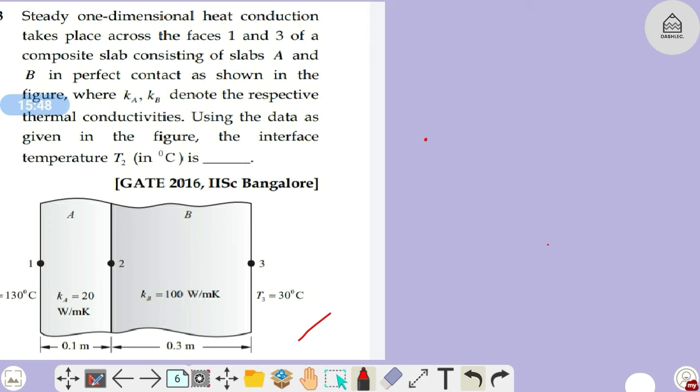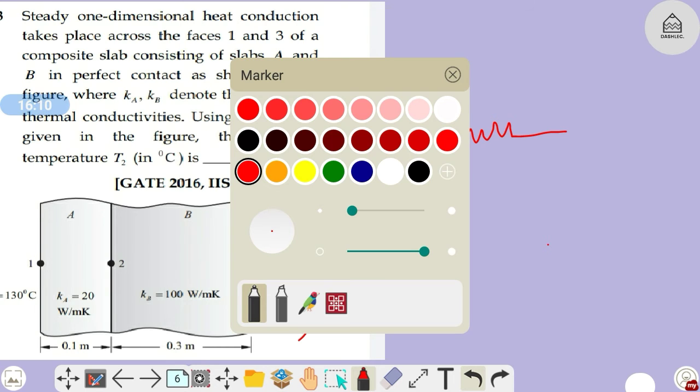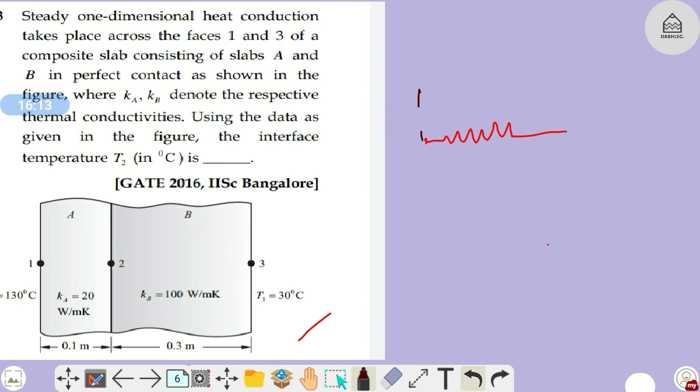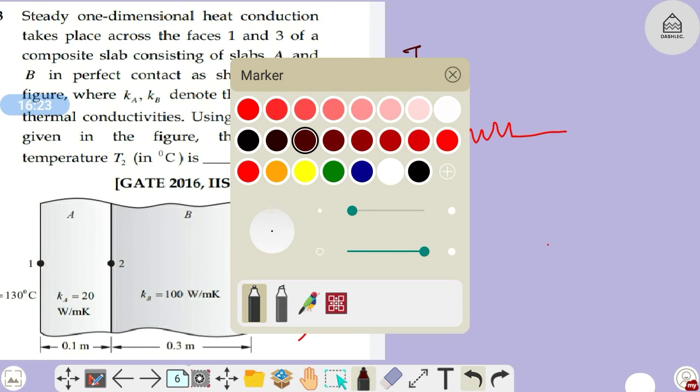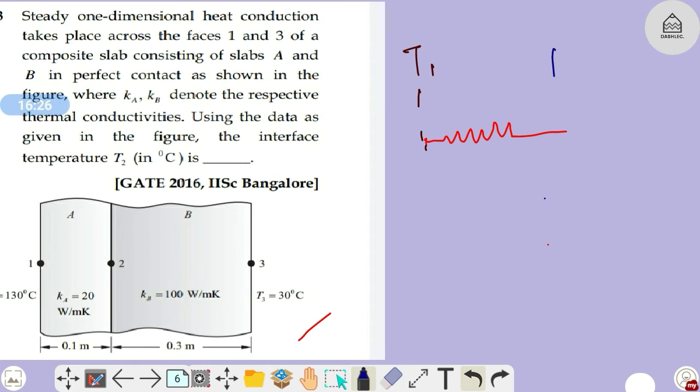The first resistance that we'll encounter will be this slab, the conductive resistance of slab A. Now I will reach temperature T2.